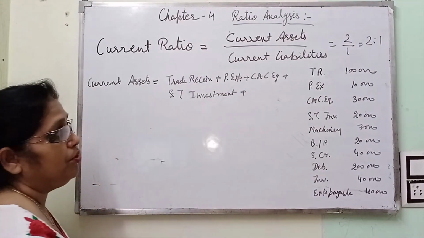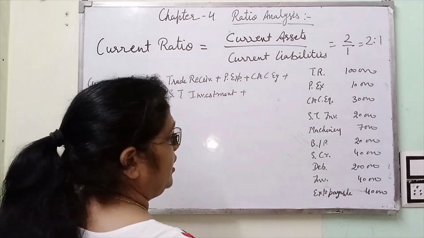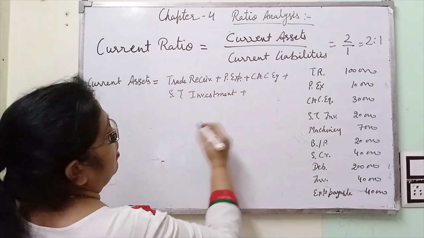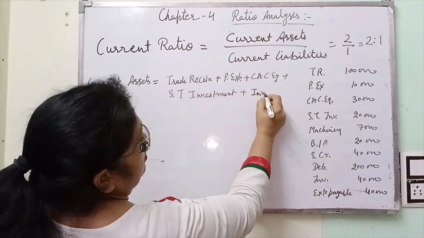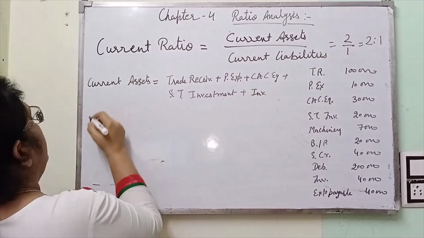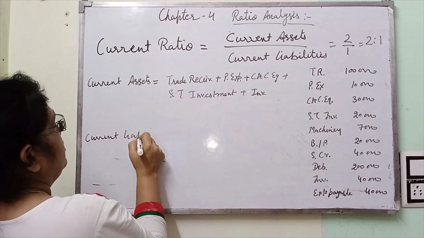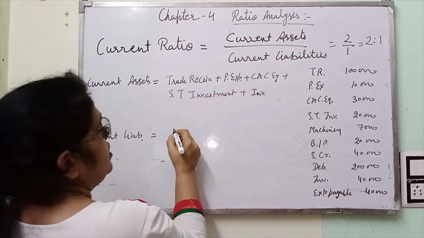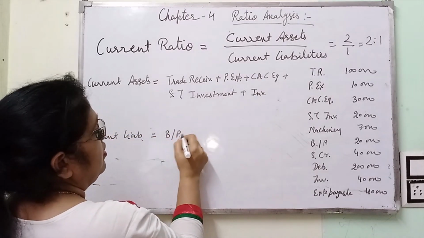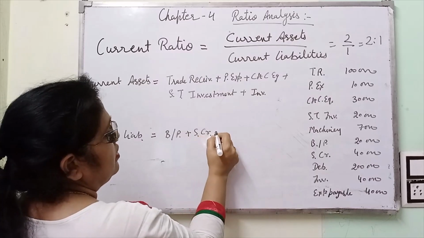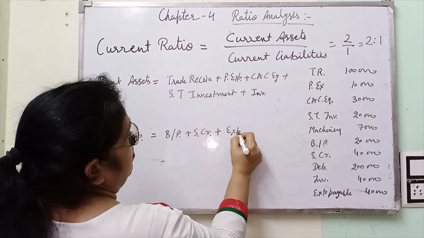So we will not include machinery in current assets. After that, an amount is given, that is investment. Clear? In case of current liabilities, the amounts which are given are, first bills payable, then sundry creditors, then expenses payable.